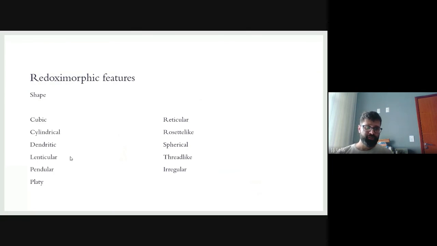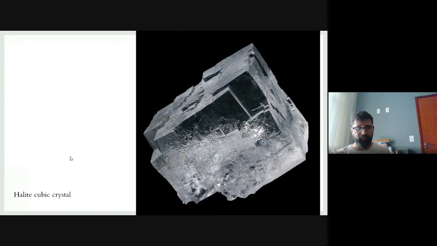And we should describe the shape of these materials, because the shape tells us a lot about how iron was concentrated or released by the soil. A cubic shape is not an example of iron oxide, but just to see that in this case we have a cubic shape, but it could be related to the pyrite crystal, as I showed you.